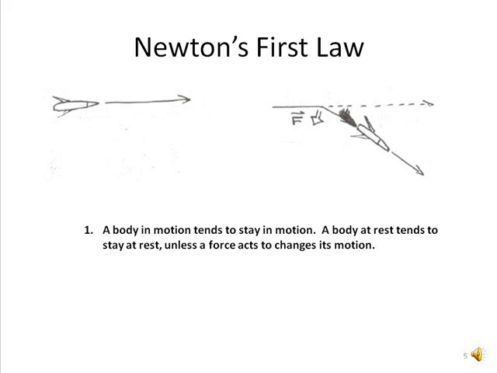Newton's first law. Bodies have inertia, which we can now quantify as mass in units of kilograms. Bodies with inertia continue to stay in whatever their natural state of motion is unless an external force acts to change it. Consider a rocket ship moving through space. In space, there's essentially no gravity.